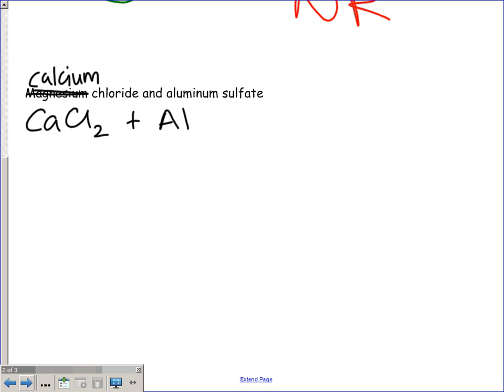Remember, aluminum has a 3 charge, so when I crisscross that with sulfate, which has a negative 2 charge, I form Al2(SO4)3. Go in and put my positives and negatives, positive, negative, positive, negative, and then crisscross. Calcium and sulfate, aluminum and chlorine.